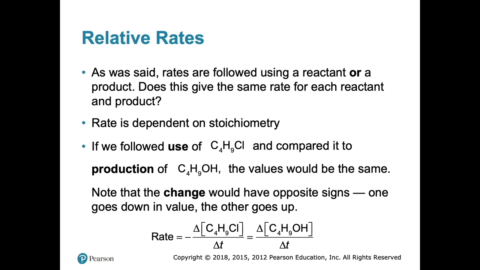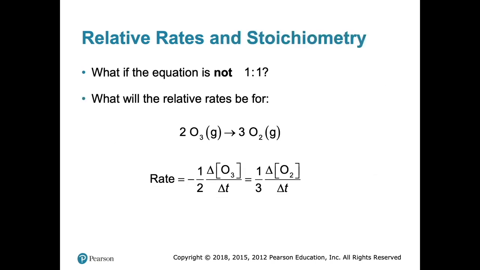All right, so I'm going to go on a little bit here. I was just saying how the rate is dependent on stoichiometry. What I mean by that is, what if you don't have a one-to-one ratio? In our previous example, we were doing the chlorobutane with water, and our results were butanol and hydrochloric acid.